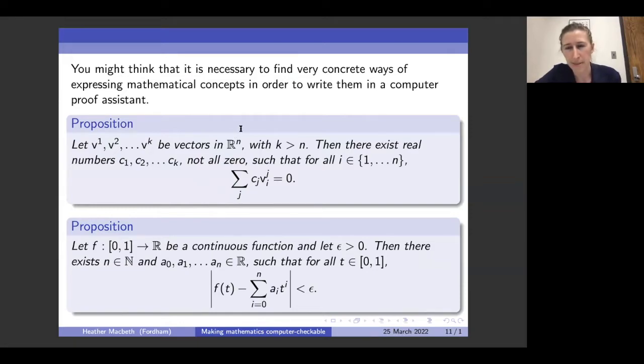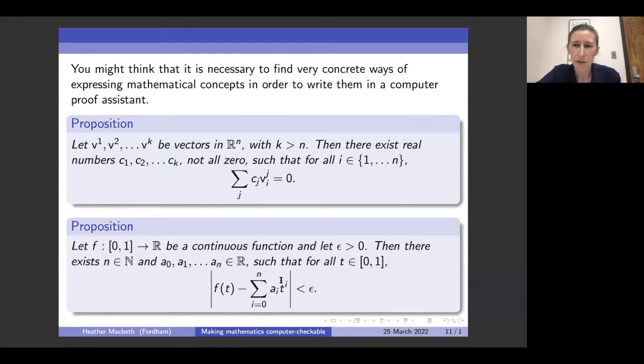So that is a translation of, I guess, a fact about linear algebra that can be expressed much more abstractly. Or, it would be tempting, I think, to have a fact about continuous functions and to say, okay, really, well, yes, I can come up with an explicit function of the following form, sum of ai e to the power of i, which is smaller in absolute value than epsilon throughout some interval of interest.